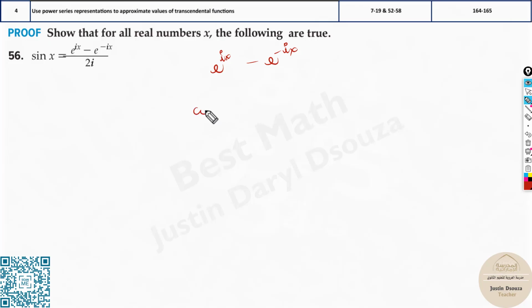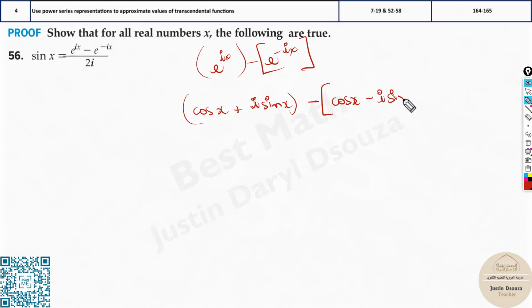By Euler's formula we have cosine x plus i sine x, this is the first term done. I'll write in big brackets the second term, cosine x minus i sine x, because the power is minus, right? Big bracket closed.